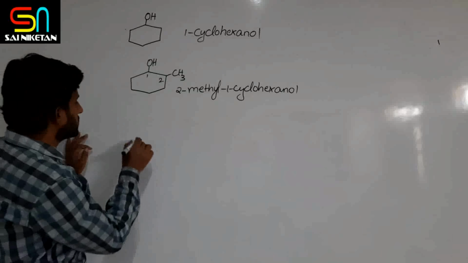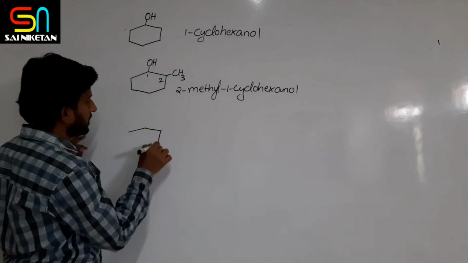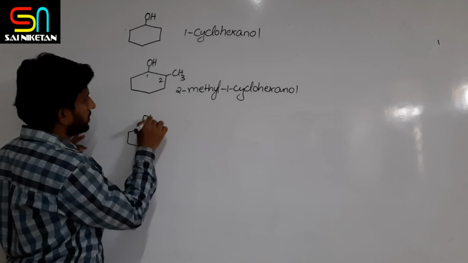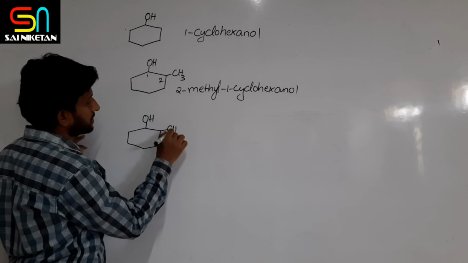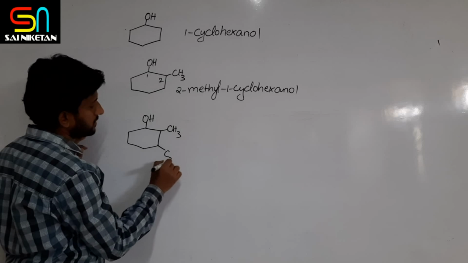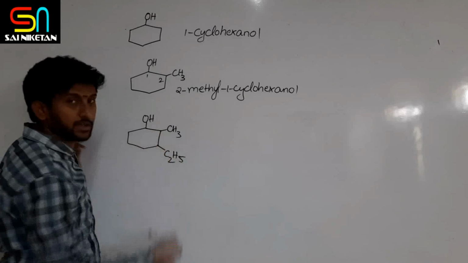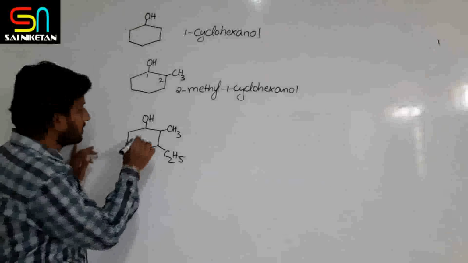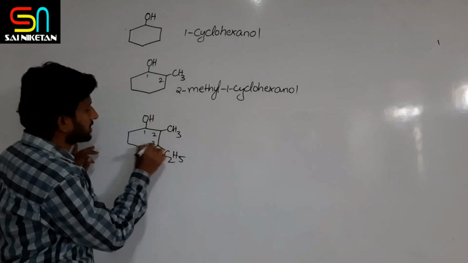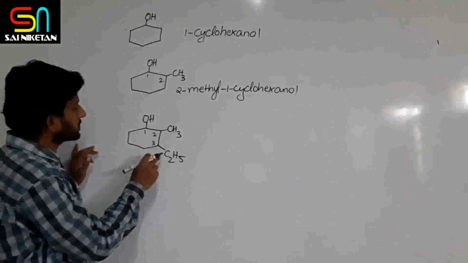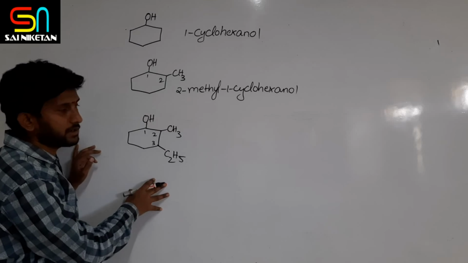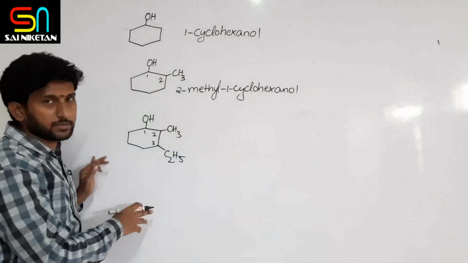2-methyl-1-cyclohexanol, like this. So there can be many more functional groups, then you should follow. Like if I write substituents like this, C2H5, then what you should do? Numbering from here, and it should be in clockwise direction like this. So second position methyl, third position ethyl. But while writing, you should follow alphabetical order.